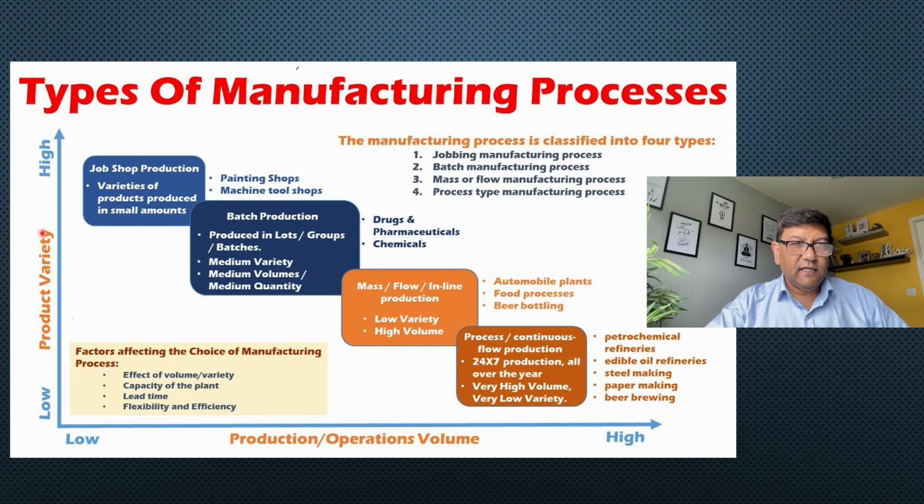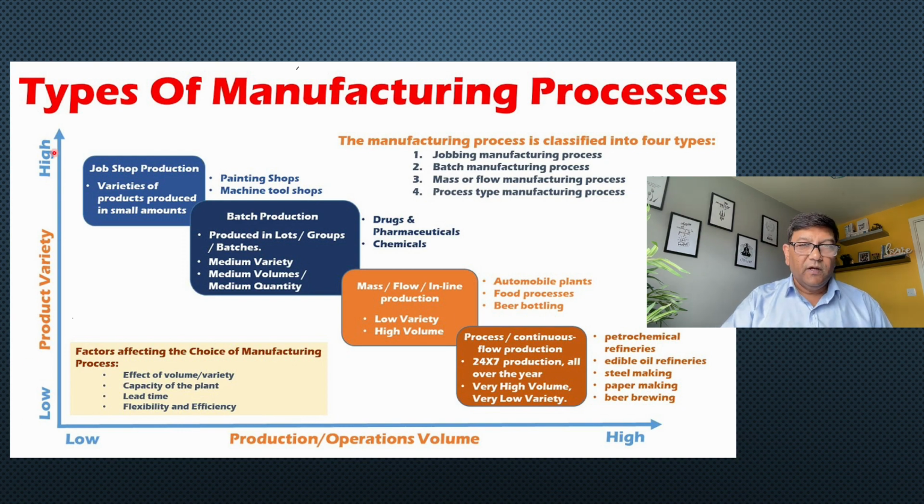On one side, it gives the product variety from low to high. On the other side, it gives the production or operation volume from low to high. So volume moves from low to high on the x-axis and product variety from low to high on the y-axis.